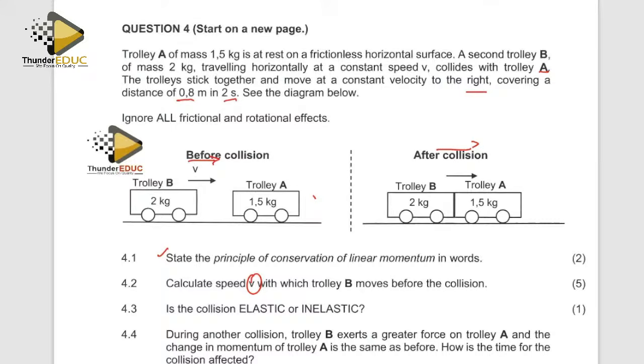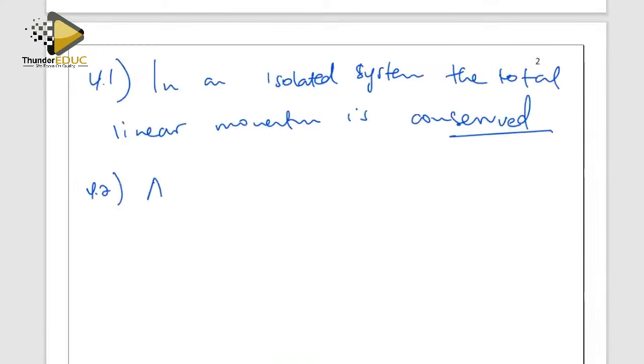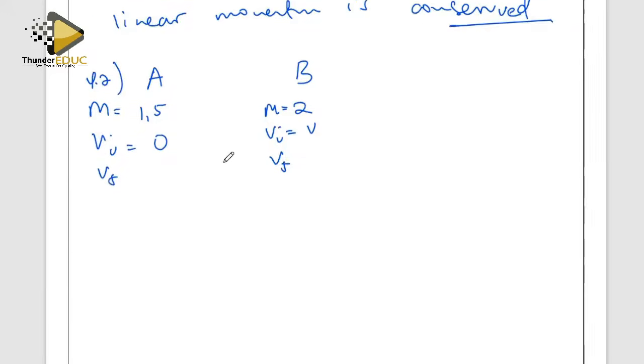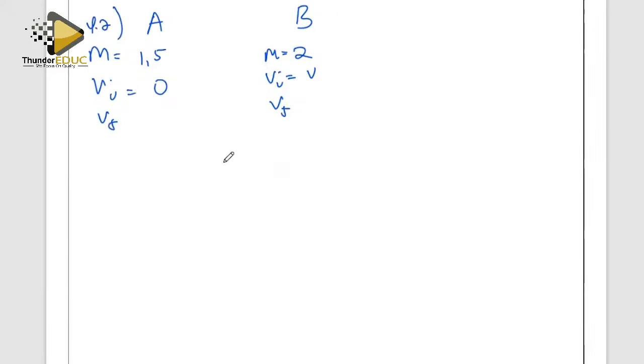So let me summarize this nicely. We have A and B. The mass of A is 1.5, the mass of B is 2. The initial velocity of A is 0 since it's resting. The initial velocity of B is just V. The final velocity is the same for both.